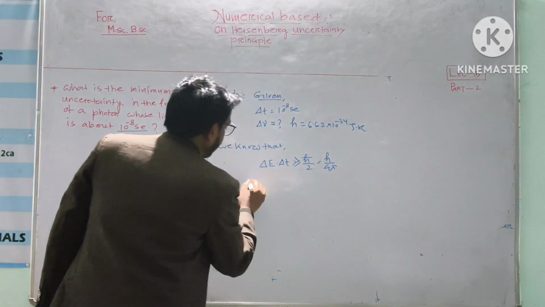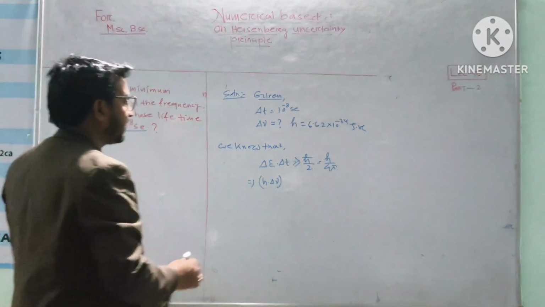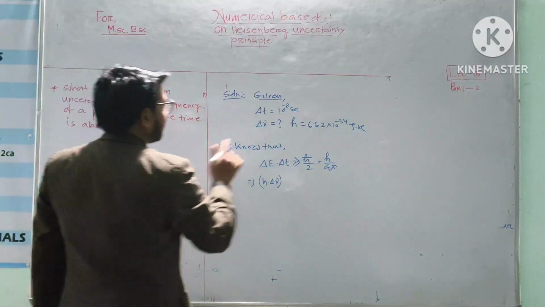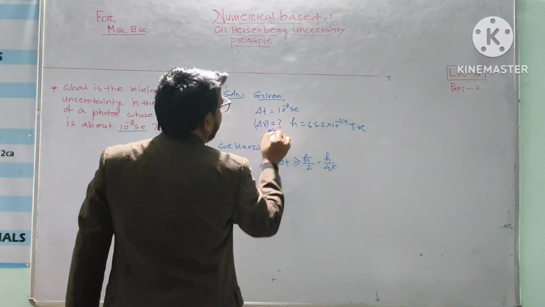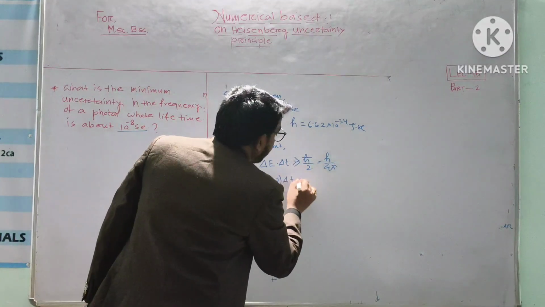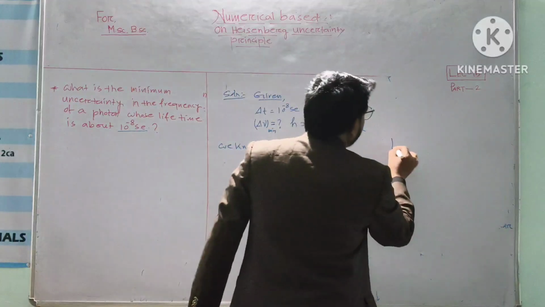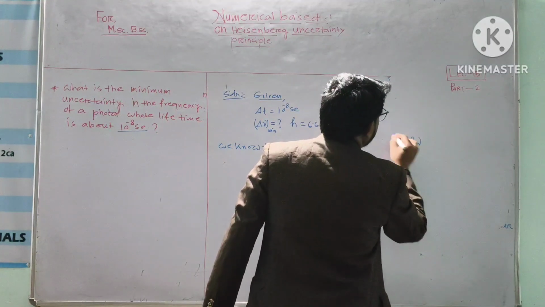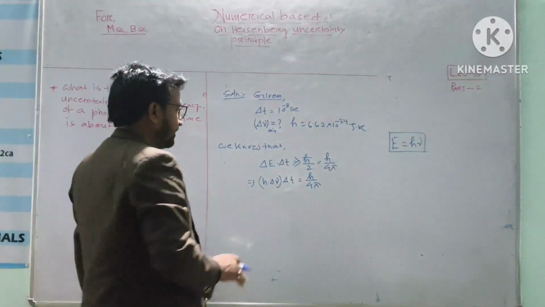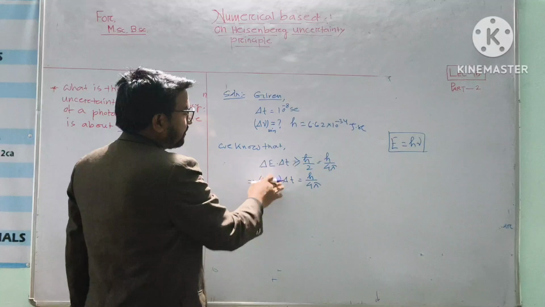We want the minimum uncertainty in frequency, so we take the equality. According to Planck's quantum theory, E equals h nu, so we can put delta E equal h into delta nu. Here h is a constant term, but the uncertainty is associated with the frequency.